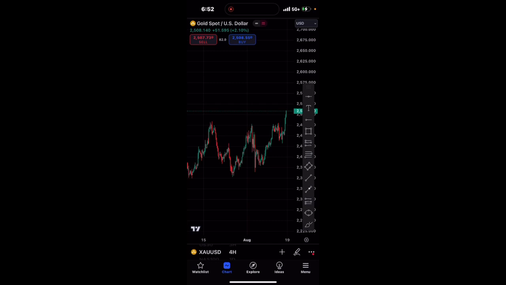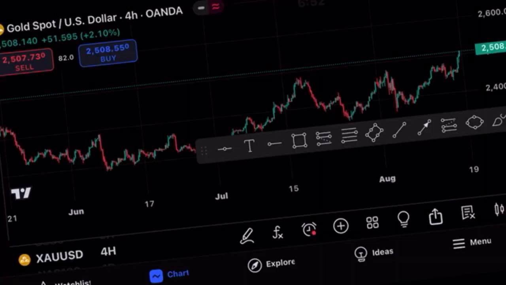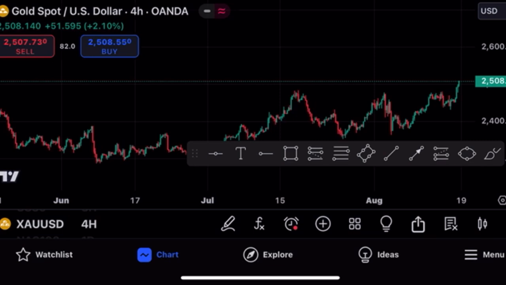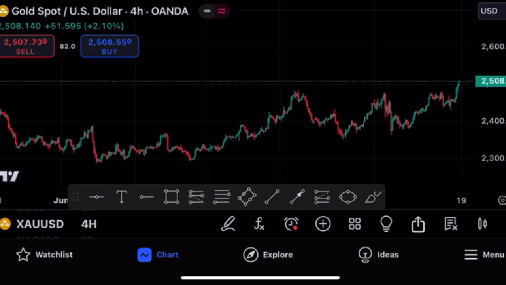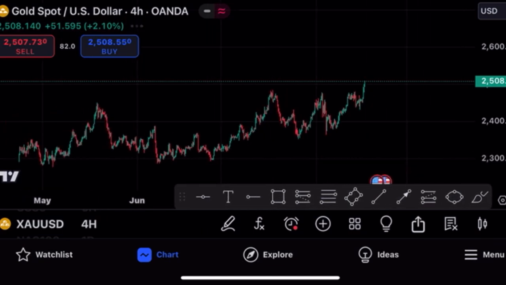But the first thing that we're going to have to do before we do is turn our phone to the side. Okay, so turning our phone to the side gives us a better view of what's actually going on in the market.